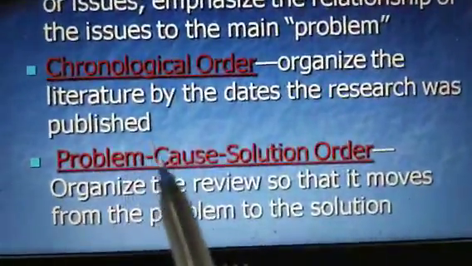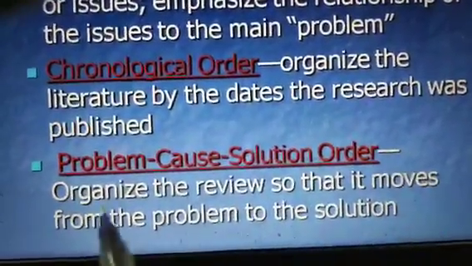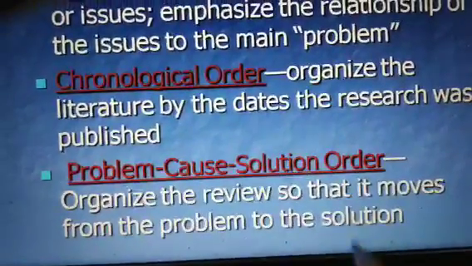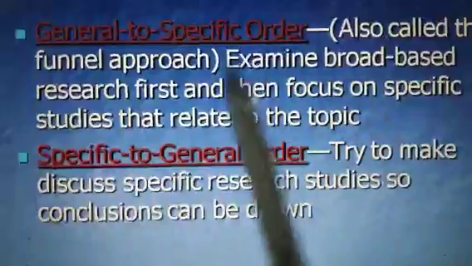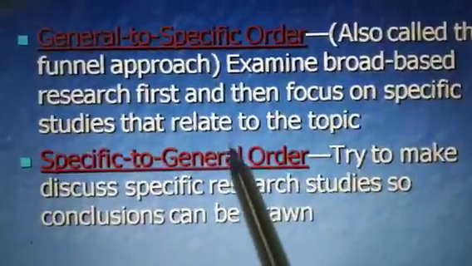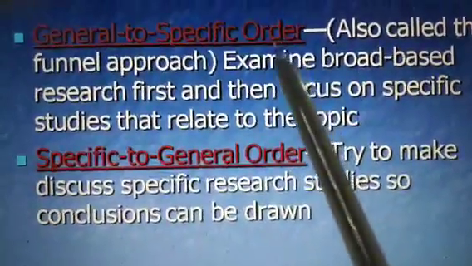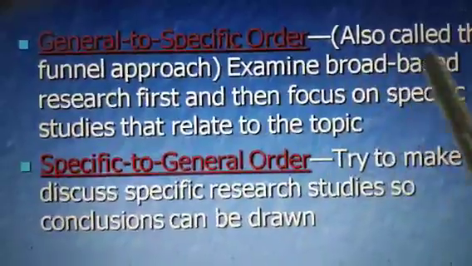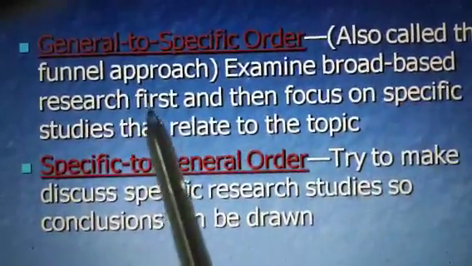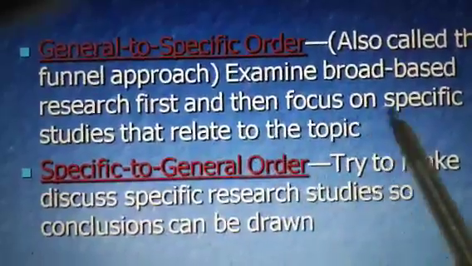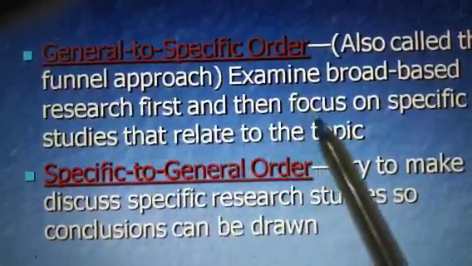And then there is the problem-cause-solution order, which organizes the review so that it moves from the problem to the solution. And students, we are also dealing with these two types. The first is general to specific order, which we call the funnel approach. This examines broad-based research first and then focuses on specific studies related to the topic.